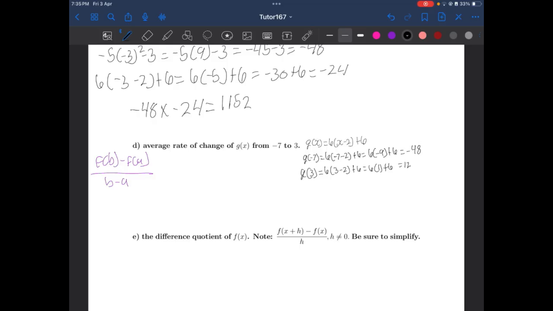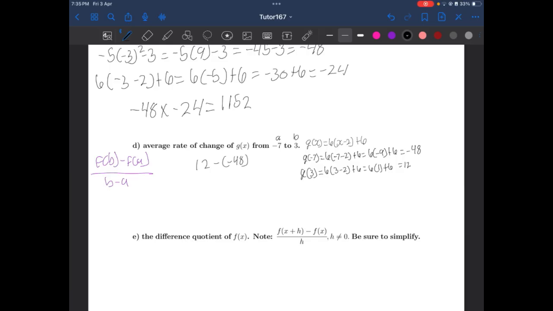So this is a, and this is b, right? So f of b will be g of 3, which is 12. So that's 12 minus f of a, which is negative 48, so minus negative 48.